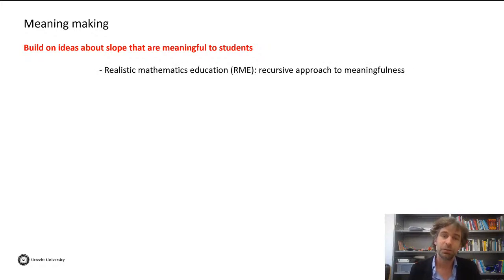And, well, that relates to what actually is meant by meaningfulness. Well, we just discussed a little bit about that in the previous session, but I have a slightly different approach maybe, which I think comes between the lines. It is in the book by Freudenthal himself. And it's a sort of recursive definition of what meaningfulness is.